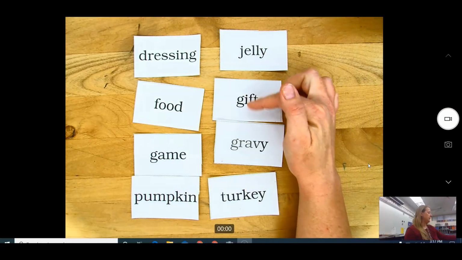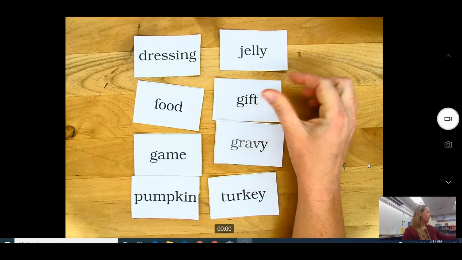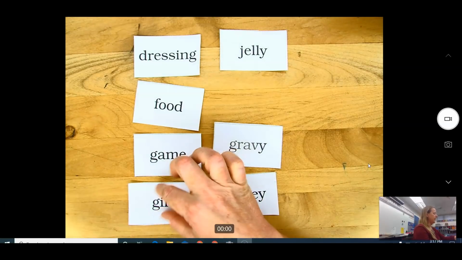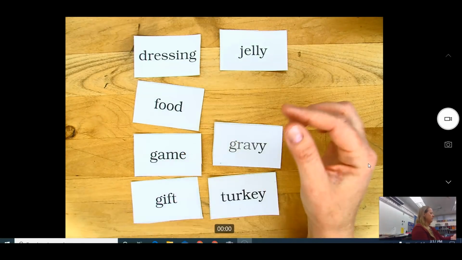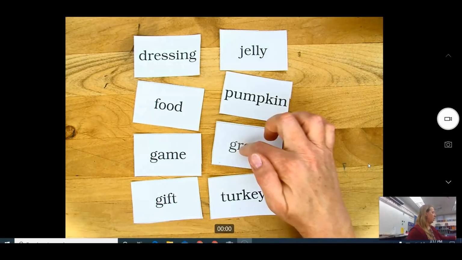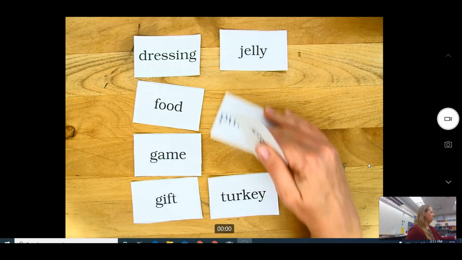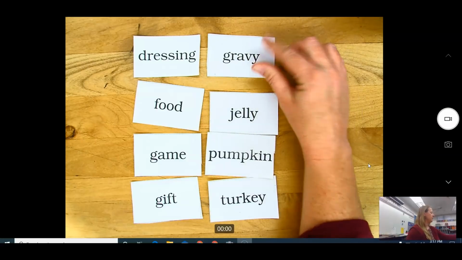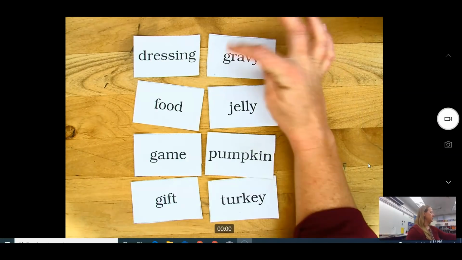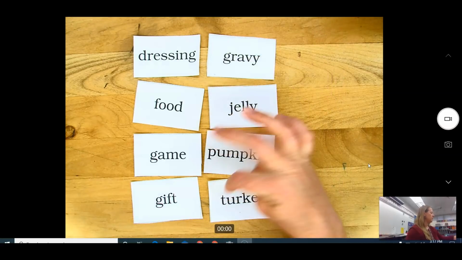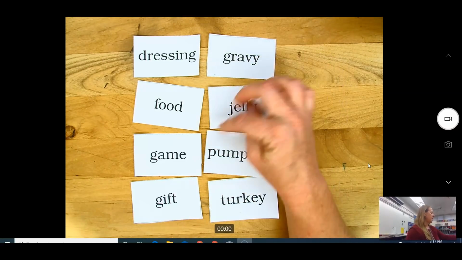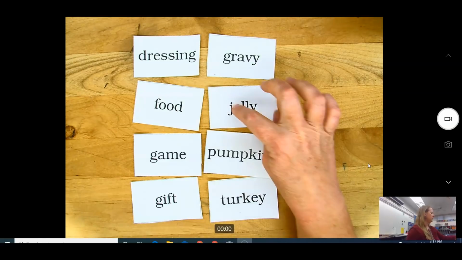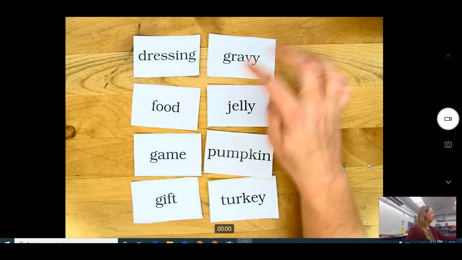A, B, C, D, E, F, G, H, I. I goes after game. And then R, G, R would come after gift. This one's gravy. So E, F, G, go back to the first letter. H, I, J, K. Oh, here's a J right there. So that one goes after gravy.